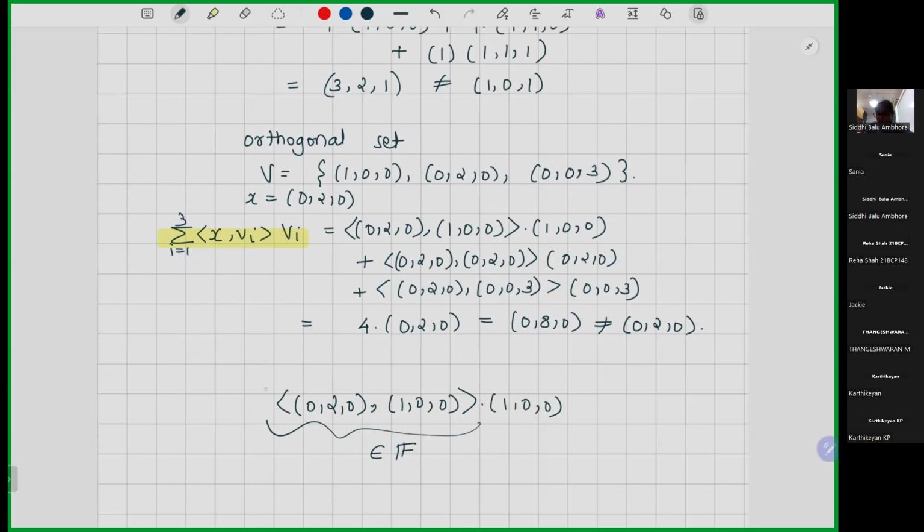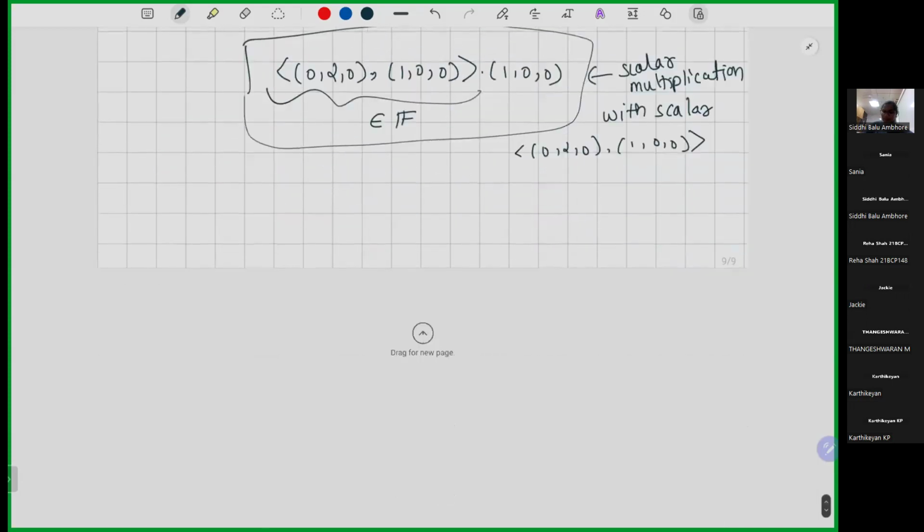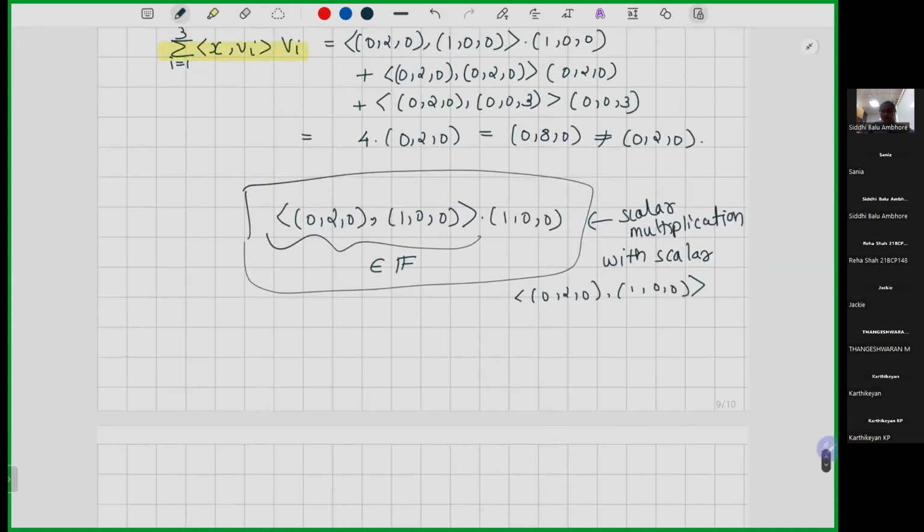The entire thing is scalar multiplication with the scalar inner product of (0, 2, 0) and (1, 0, 0).